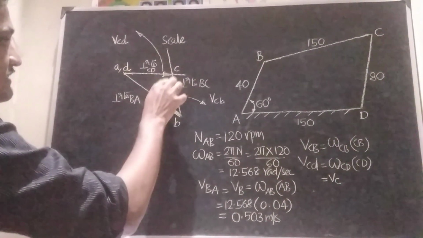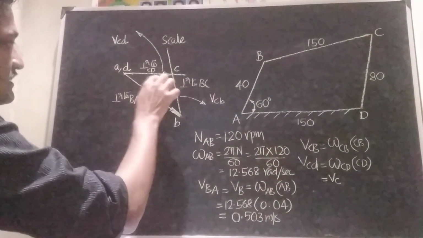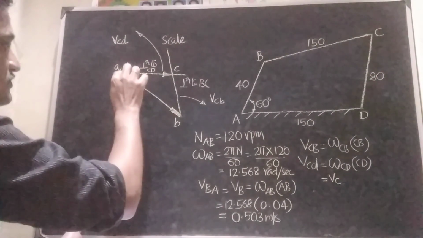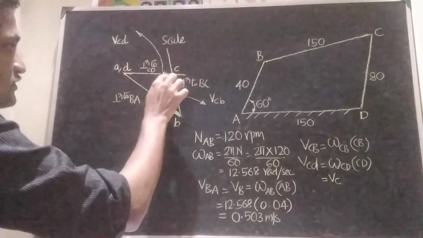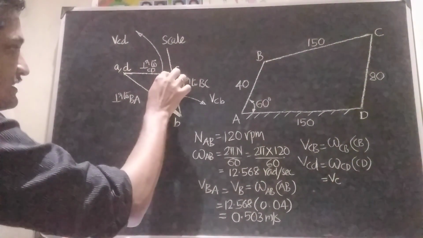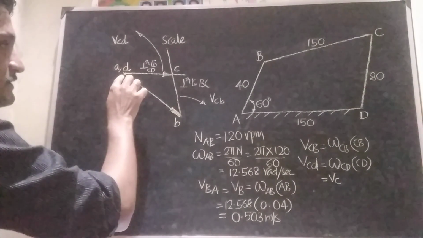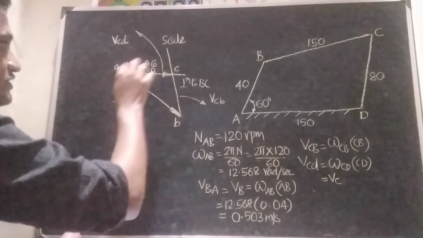Then only we can say that this line is velocity of C with respect to D, that means velocity of this head end relative to the tail end of the vector.